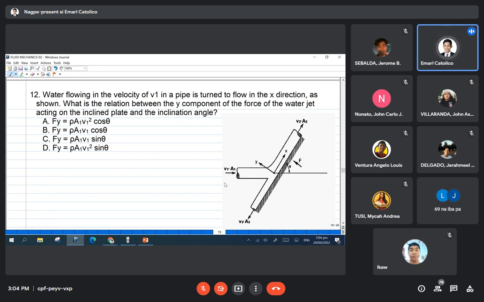What is the relation between the y component of the force of the water jet acting on the inclined plate and the inclination angle? So force, ang hinahanap is force of the water jet acting on the inclined plate and the inclination angle. So force acting on theta.